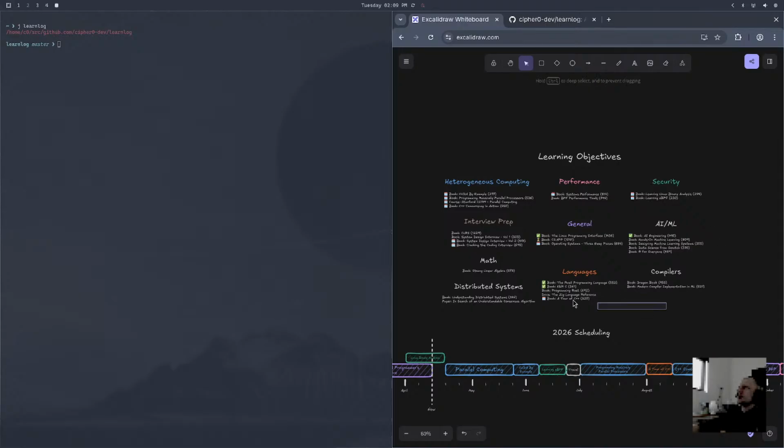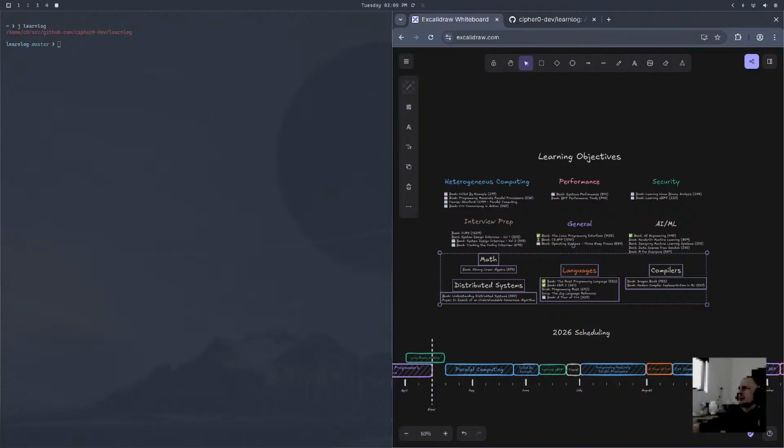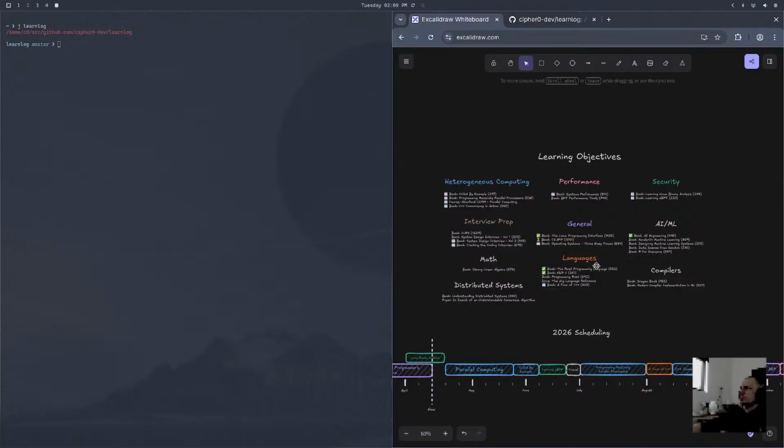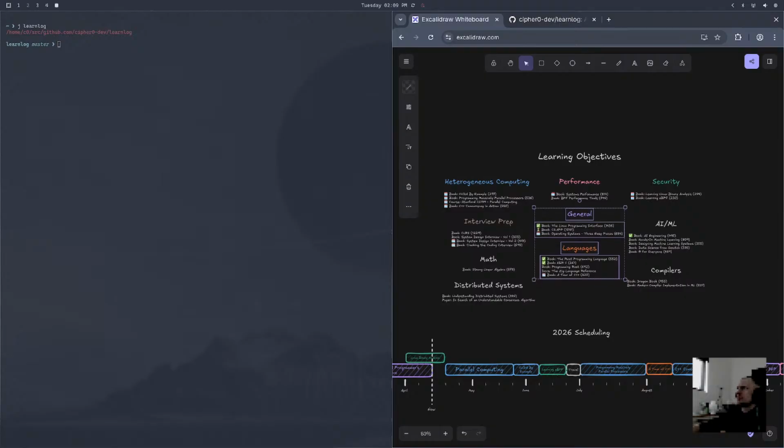And then we can kind of decrease the spacing a little bit, like in between languages in general. I feel like that can go up here, and maybe general and performance, AIML.